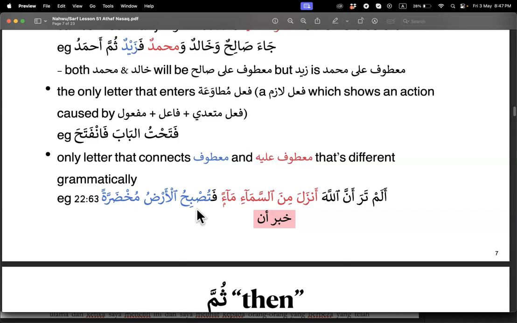This is Kana and her sisters, meaning become. What's our isim of tusbihu? Al-ard, yes. Okay, and then mukhdarra.